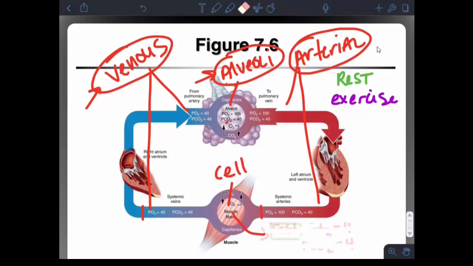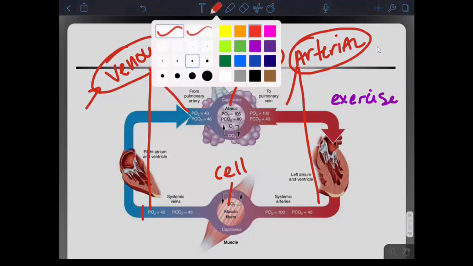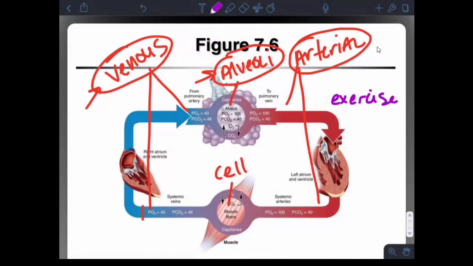Okay. So now let's talk about what happens during exercise. Okay, so during exercise, what we see is that the numbers in the alveoli are the same. Okay, so these numbers do not change during exercise.